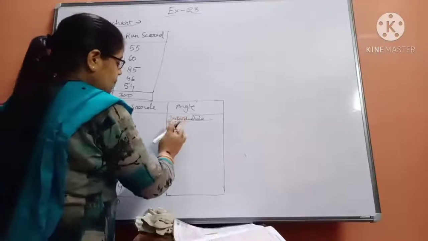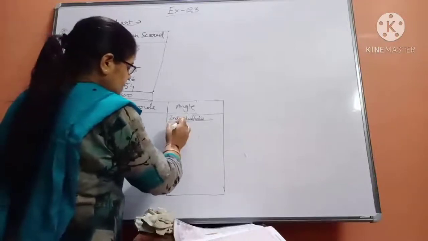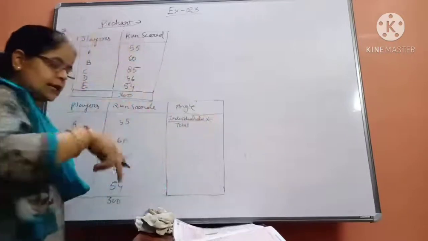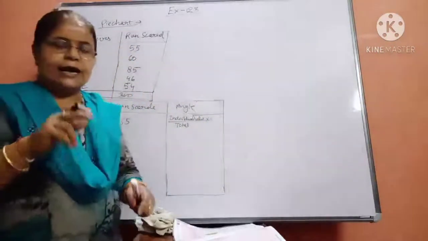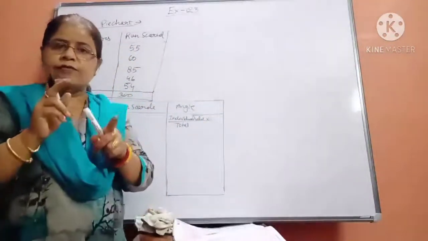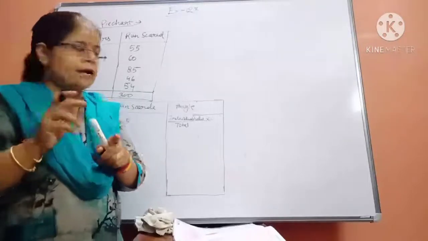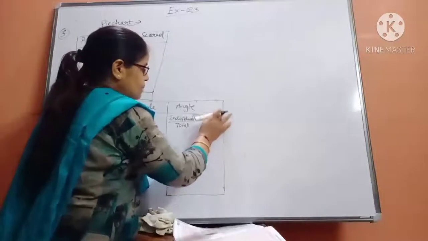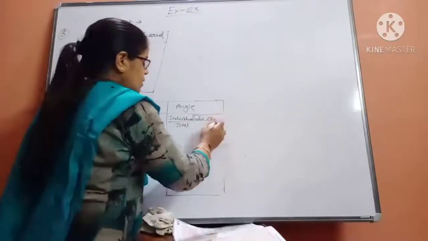It will come as a percentage now. Then multiplied by, in a circle, what is the value of the complete angle? 360. We need an individual sector for that, so multiplied by 360, beta.